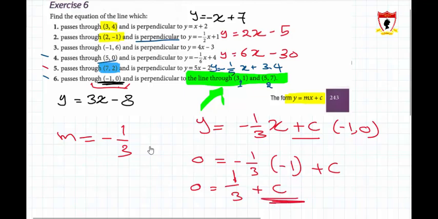It means c is negative 1 over 3, because any number, if you add it with its negative, it will be 0. Then the value of c is negative 1 over 3.